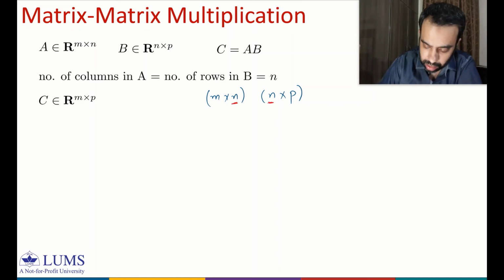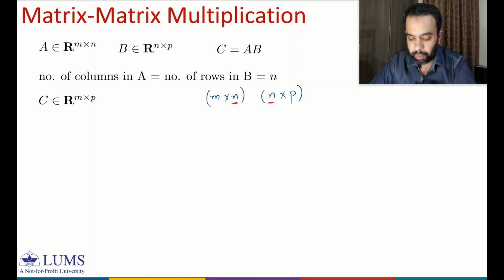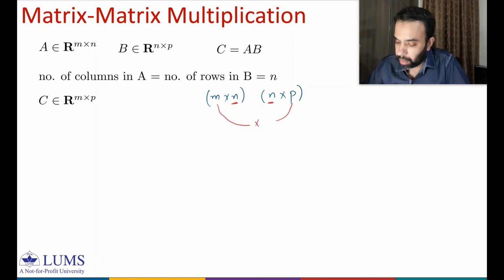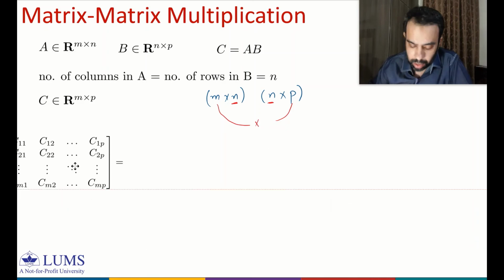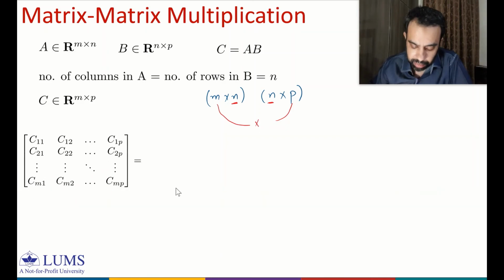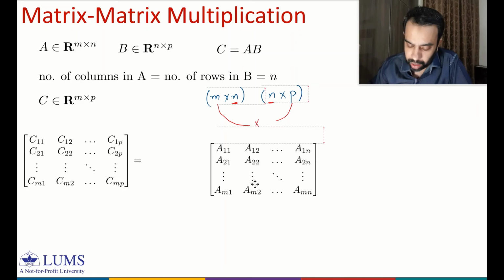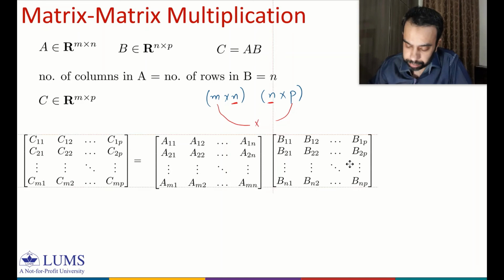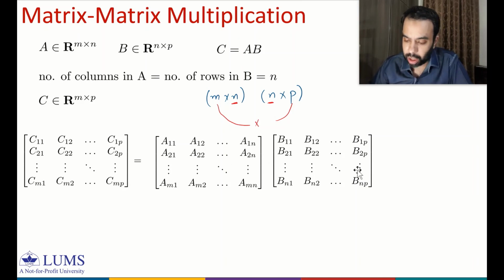If this is the same as this, the multiplication is compatible, and when you multiply AB, what you get is a matrix of size m times p. If I represent these matrices in expanded form, we have this C with m rows and p columns, which we obtain by multiplying A with B, right? Now we're going to relate the entries of C to the entries of A and B.